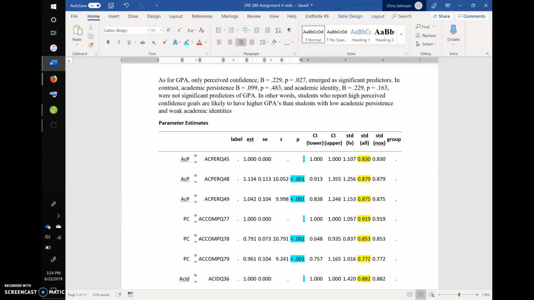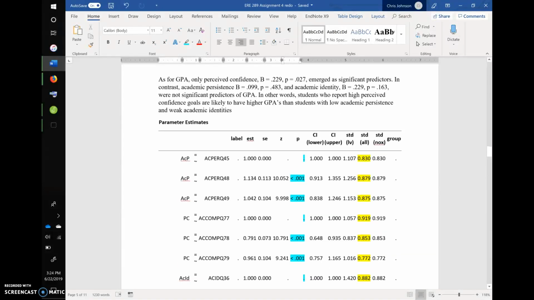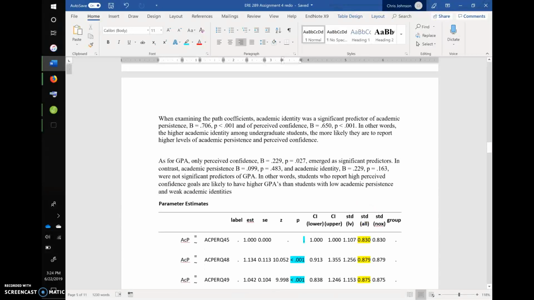In contrast, academic persistence at 0.099 at a 0.483, and academic identity at 0.229 with a p-value of 0.163 were not significant predictors of GPA. In other words, students who report high perceived confidence are likely to have higher GPAs than students with low academic persistence and weak academic identities.